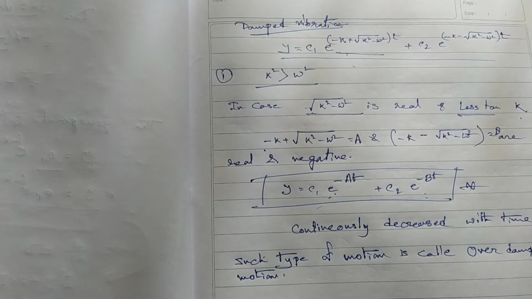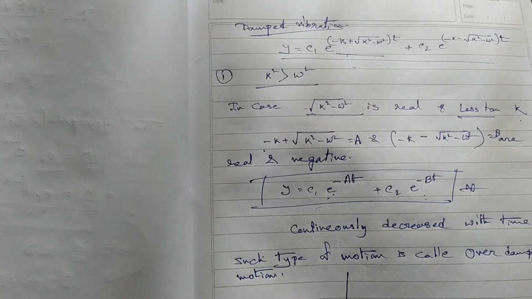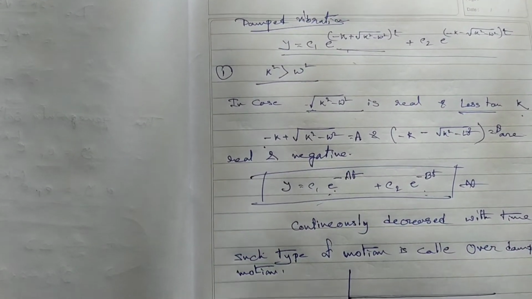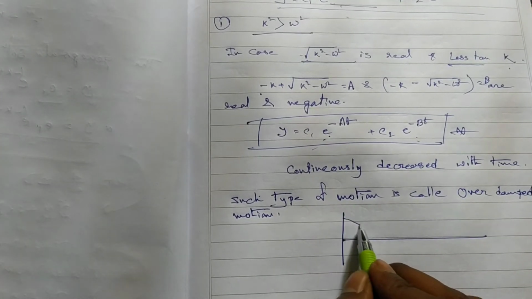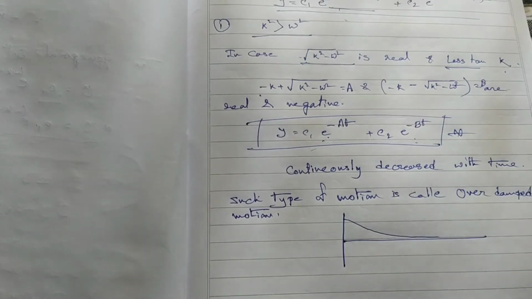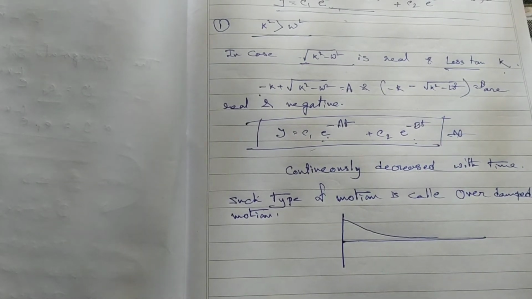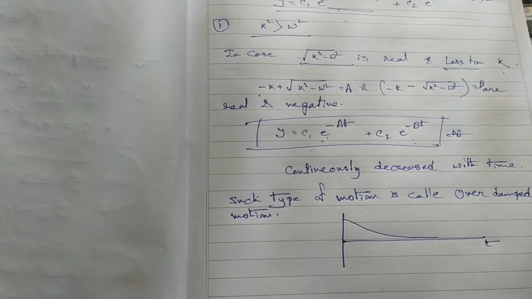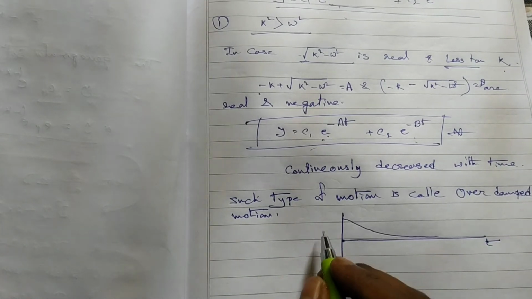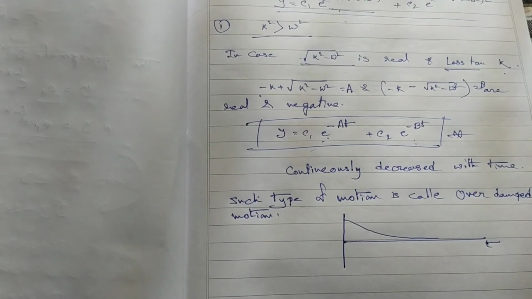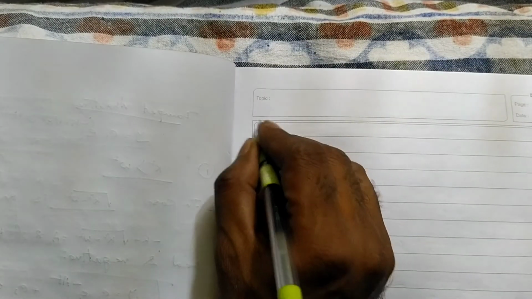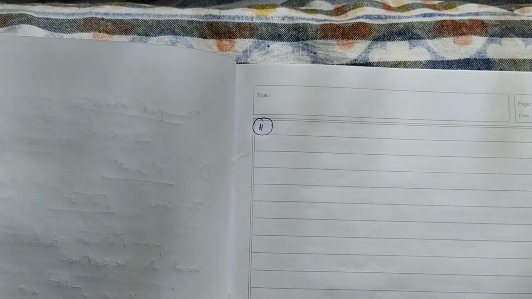So such type of oscillation is called over damped motion, and it is seen like that. Clear? With respect to time, the motion will decrease. This is the first case. Okay, now we turn over to the second case.